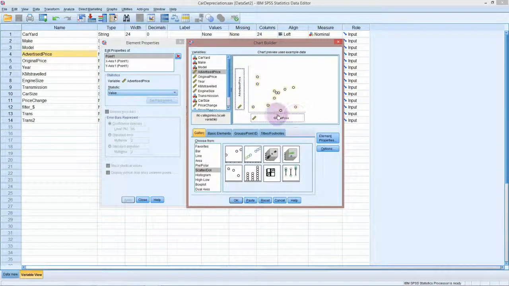And I would expect that the higher the price when you bought the car, the more you're going to try and resell it for. So I would expect to see an increasing relationship there, and hopefully it's linear, a straight line.